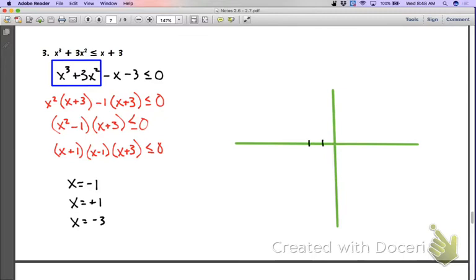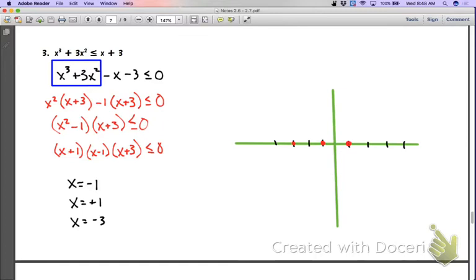So then I'm going to have three values: a value at -3, a value at -1, and a value at +1.